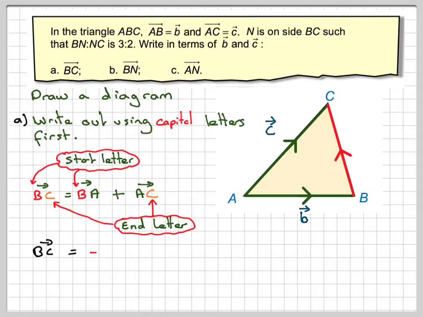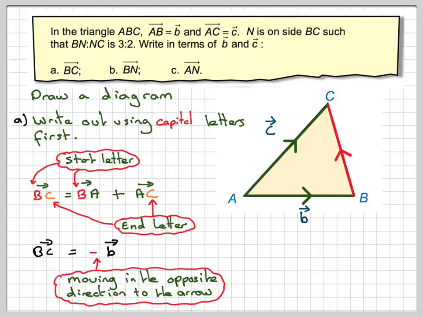So BC will be equal to minus b, because you are going against the arrow, so it's always negative b if you are going against the arrow. If you're going with the arrow for AC, then you just add it, plus c. Now normally we wouldn't write it like that.